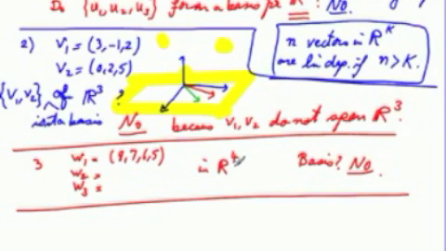So here you've got 3 vectors, but it is a 4-dimensional space. This is not enough to cover the whole space. And what if I had 5 vectors? There are too many of them. At least one of them is redundant, perhaps more.